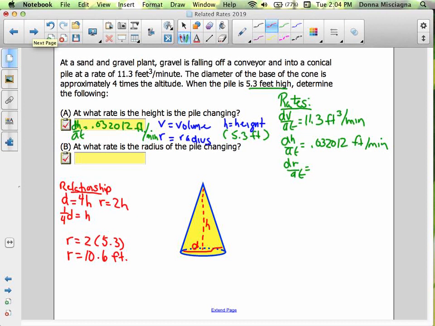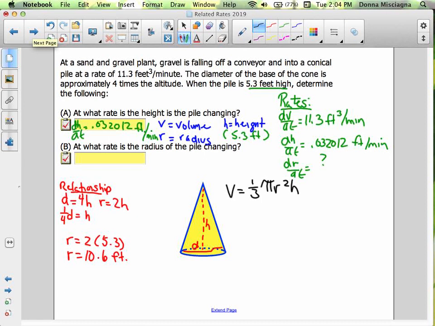So again, we have the equation, and we're looking for dr dt. We have the equation volume equals 1/3 pi r squared height. We have dh dt, we're looking for dr dt, and we have dv dt.